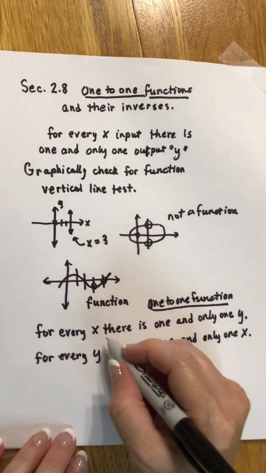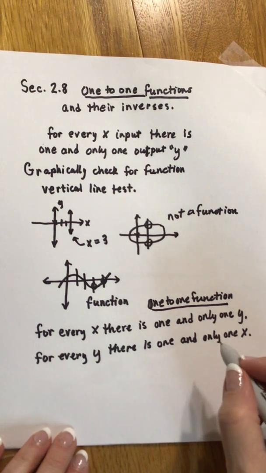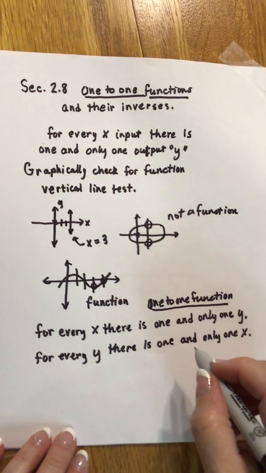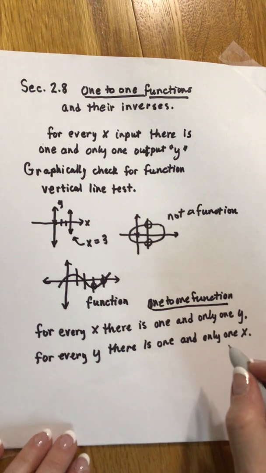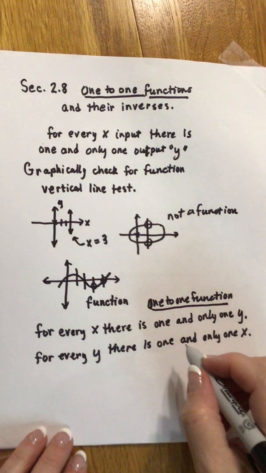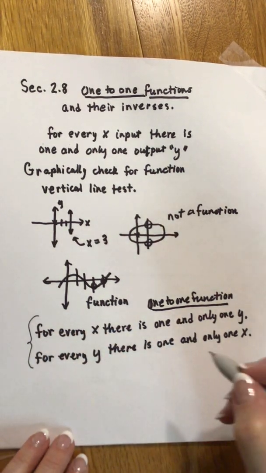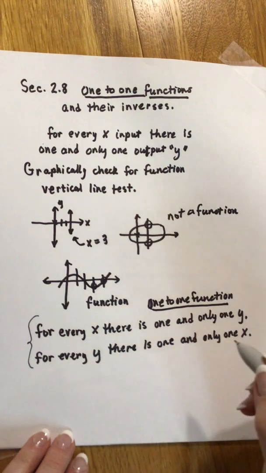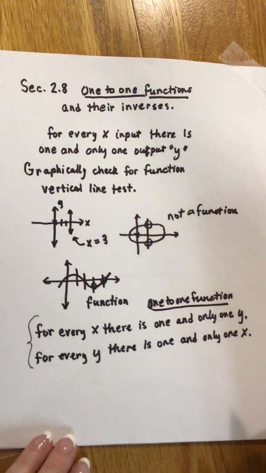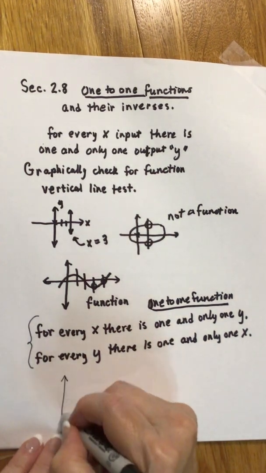So for every x there's one and only one y means that we have a vertical line or vertical bar test. For every y there's only one x means that we must have a horizontal line test. So for it to be considered to be one-to-one, both of these things have to be true. So that means it has to pass the vertical line test and it also has to pass the horizontal line test. So let's see if we can find a one-to-one.